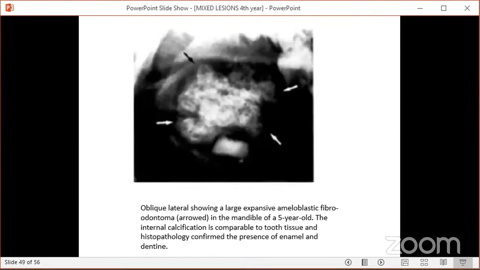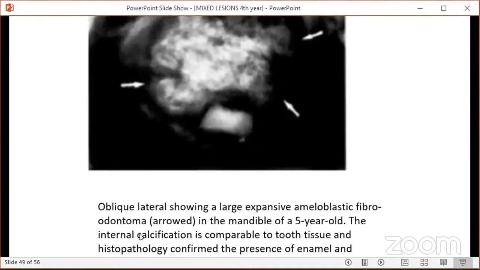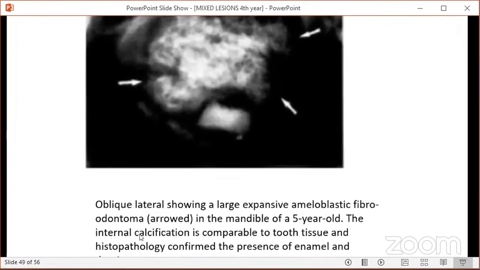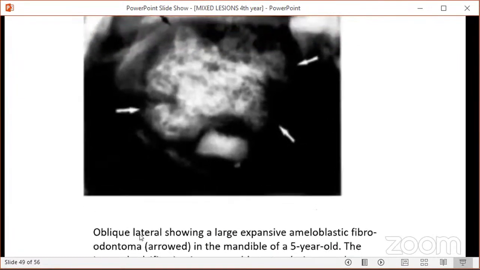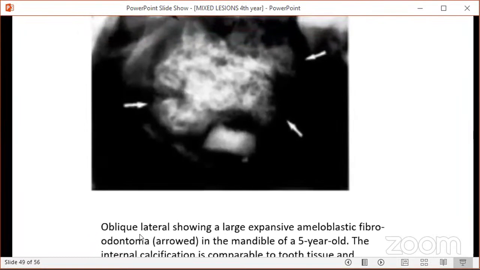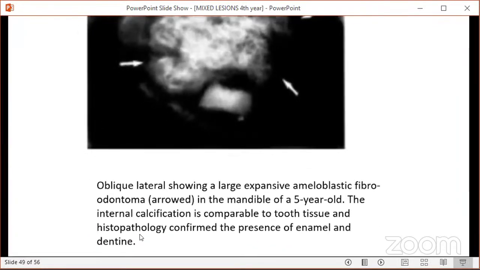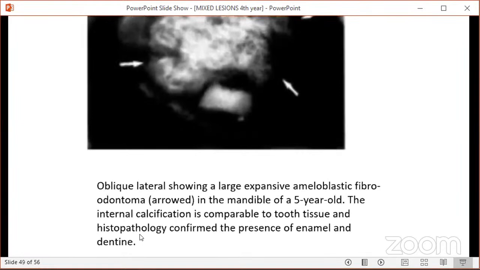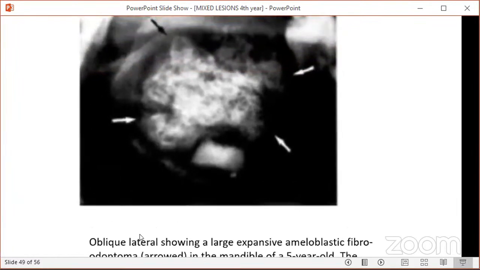We have an example there. It's an oblique lateral showing a large expansive ameloblastic fibroadenoma, which is arrowed there, in the mandible of a 5-year-old child. The internal calcification is comparable to tooth tissue, and the histopathology confirms the presence of enamel and dentine.